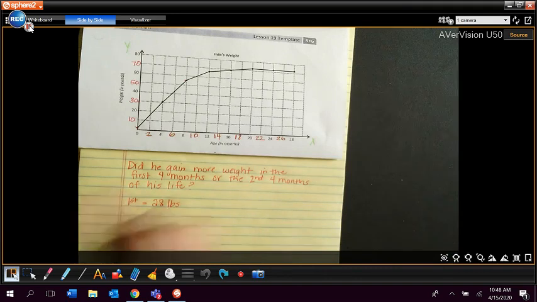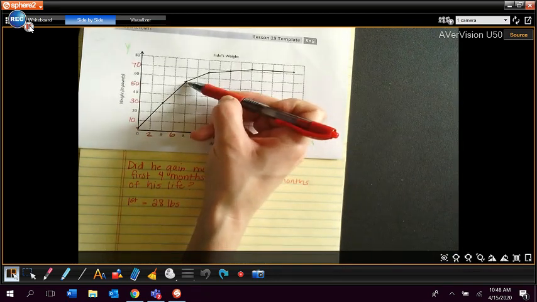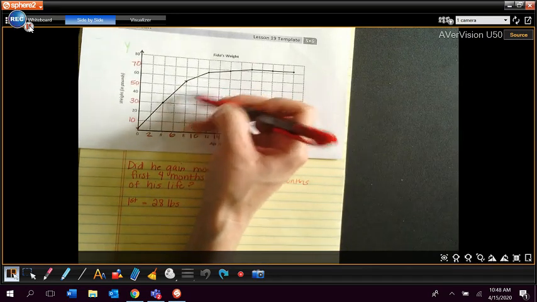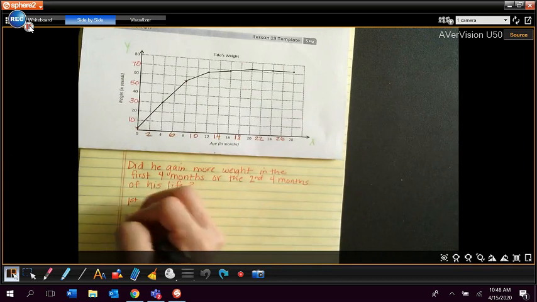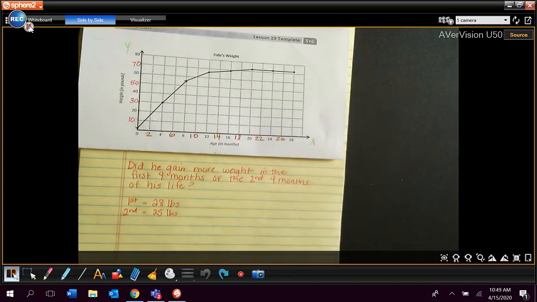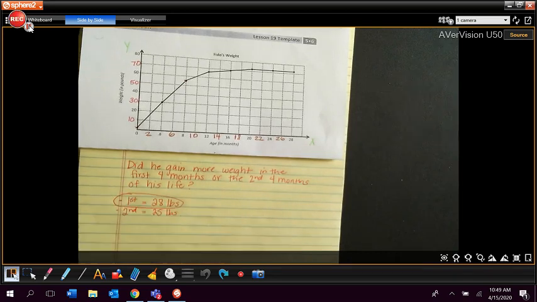The second 4 months, so from 4 to 8, we know the difference was what? From 30 to 55, there was what? 25 pounds. So the second 4 months, he gained 25 pounds. So when did he gain more weight? The first 4 months or the second 4 months? The answer would be the first 4 months.